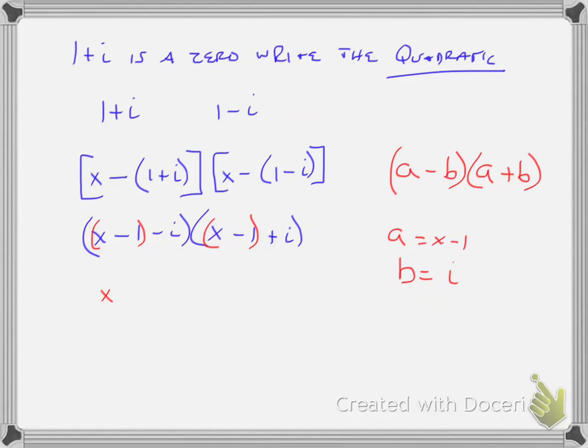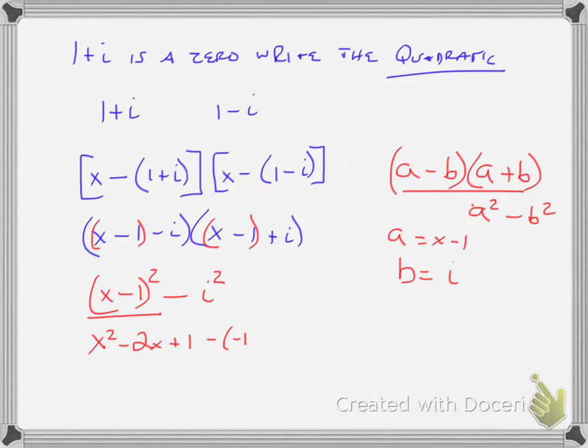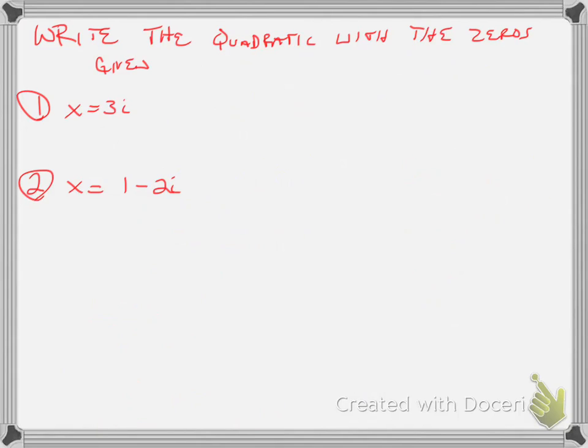So when I go ahead and simplify this, remember, this is just going to be a squared minus b squared. So that's going to become x minus 1 squared minus I squared. And I can square x minus 1, that becomes x squared minus 2x plus 1, and then minus negative 1, so I have x squared minus 2x plus 1 plus 1, so that's going to be x squared minus 2x plus 2.